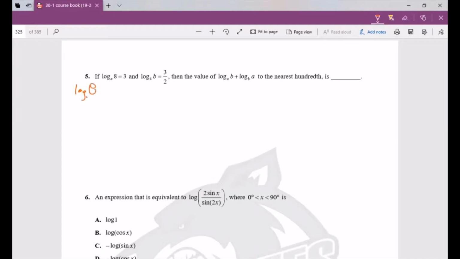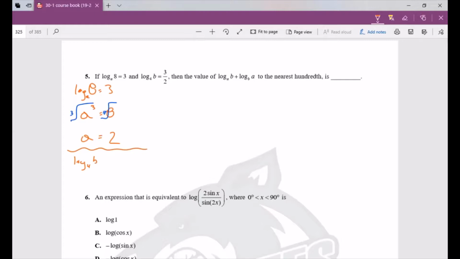Log 8 base a is equal to 3 is the same as saying a cubed is 8. Raise both sides to the exponent of 1/3, or cube root both sides, and we get a is 2.